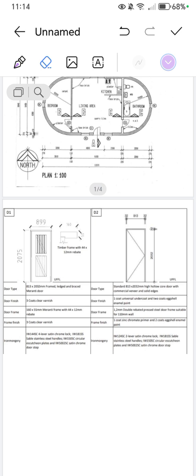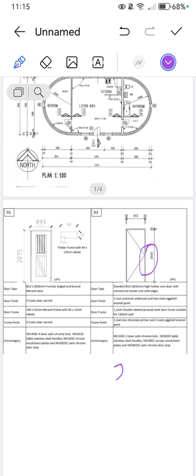So if you can check your door 1 and your door 2, as given here, these are the normal kind of doors that you would get. You have your 899 by 2075 and your 813 by 2032. This is the common one that I know.